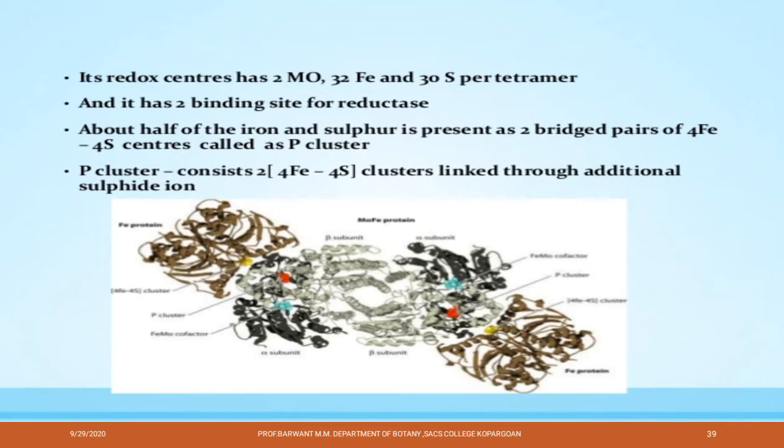About half of the iron and sulfur is present as two bridged pairs of 4Fe-4S, called the P cluster. The P cluster consists of 4Fe and 4S, and the clusters are linked through an additional sulfur ion. That is the chemistry of the nitrogenase enzyme.